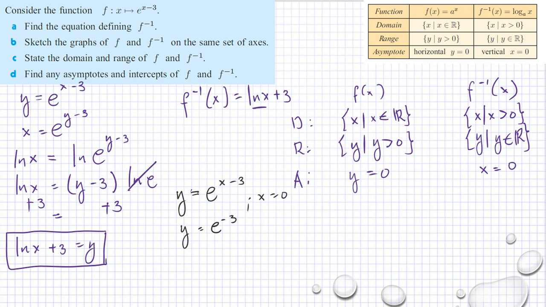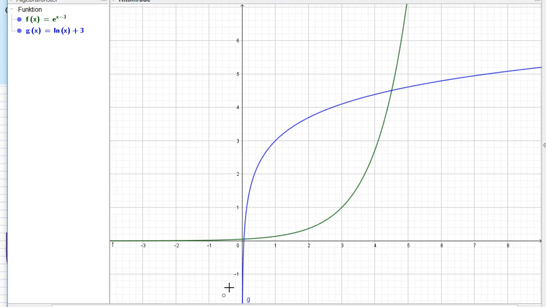So the intercept is 0 and e raised to negative 3. Going back here, you can see that point is e raised to negative 3.